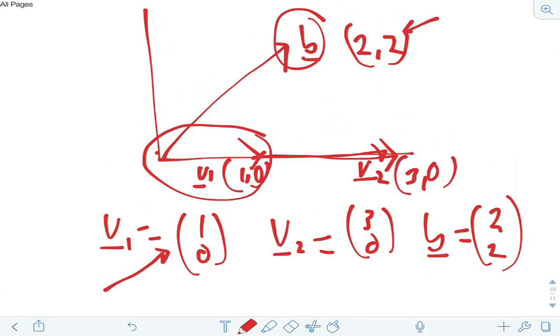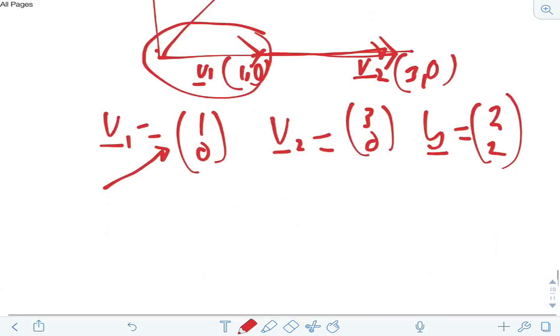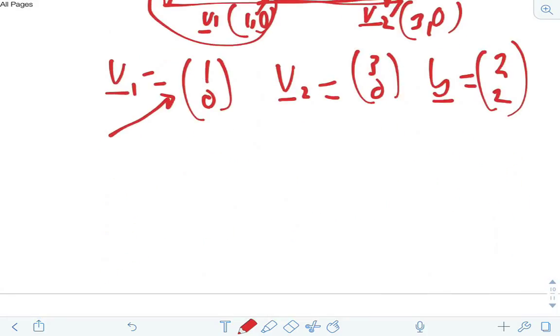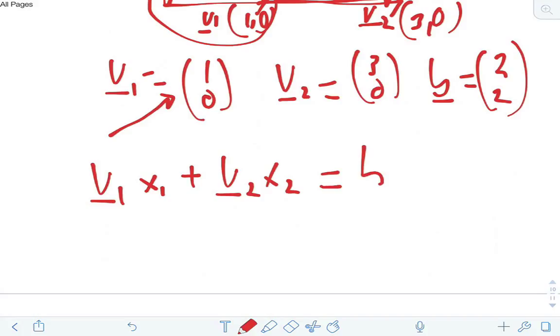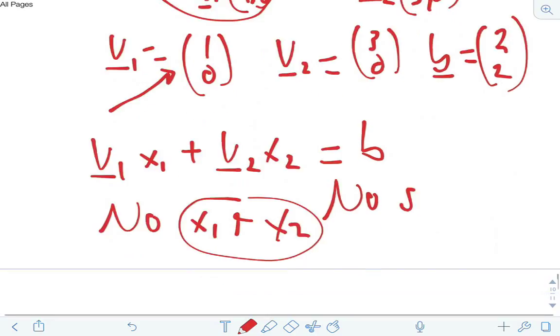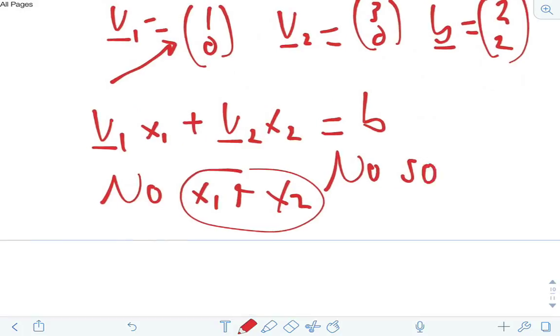It's impossible to get out of that x-axis. So the answer is no. If we write this again as v1 x1 plus v2 x2 equals b, there is no x1 and x2 that will work. So there is no solution to this problem.